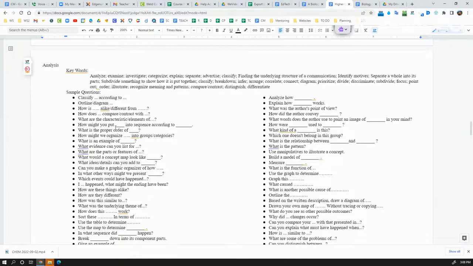Let's see, what is the proper order of? You can list the levels of organization of life and ask the person to put those levels in order. You could do the steps on a food chain and ask them to put that in order. You could put the steps in a cell cycle and ask them to put that in order, right?